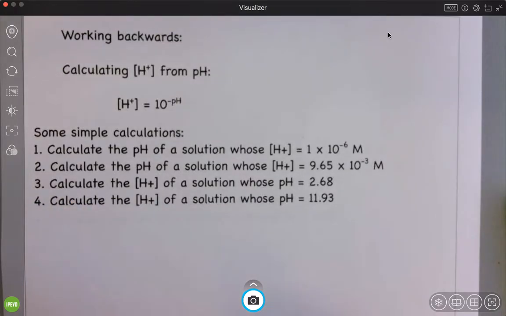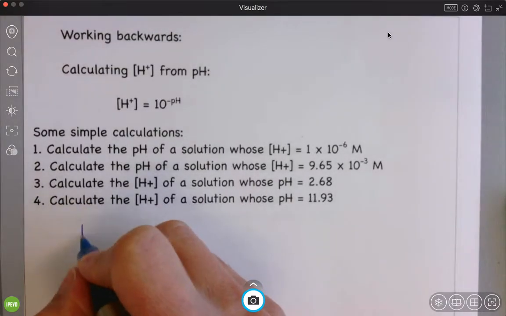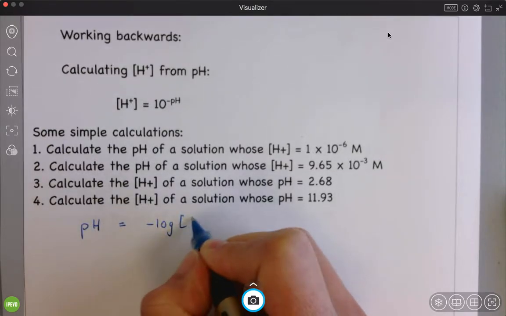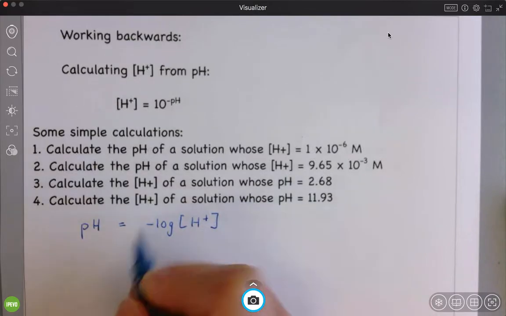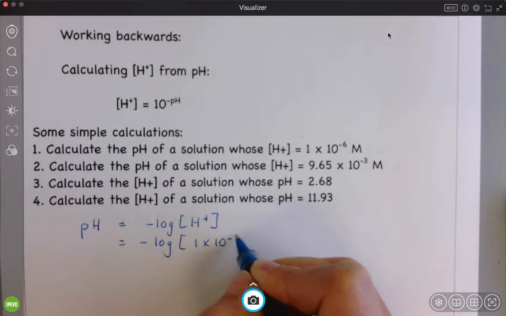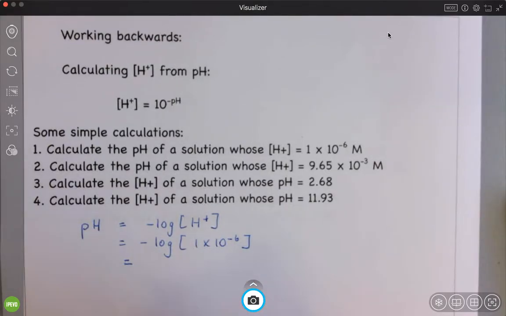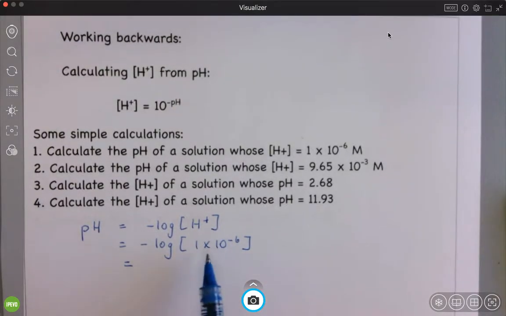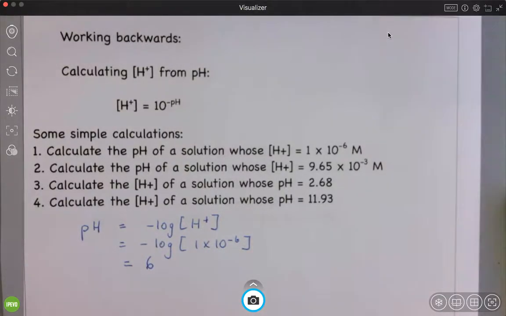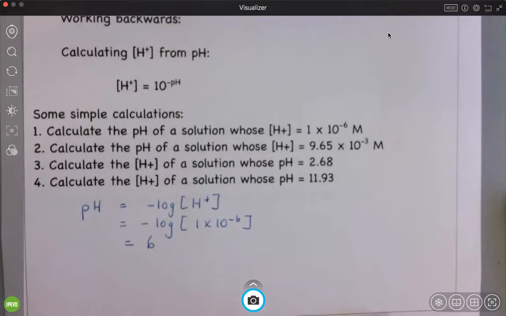If we look at 1, the pH is equal to negative log of the hydrogen ion concentration, and that's equal to negative log 1 times 10 to the power of negative 6. If you remember before, the negative log of 1 times 10 to the power of negative 7 was 7. Well, in fact, we don't even really need a calculator for this. We can say the pH of that particular solution is 6.